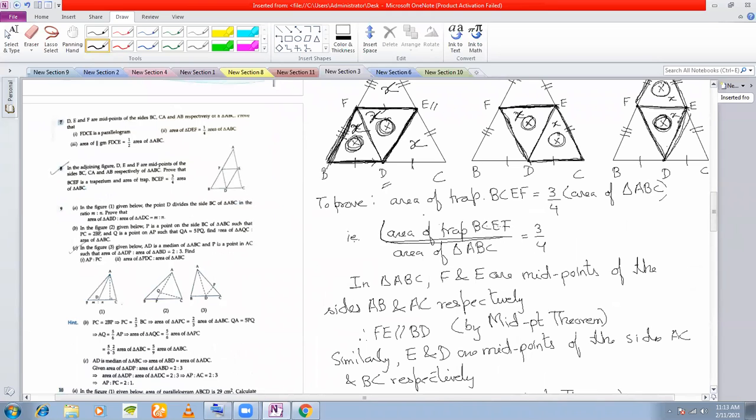Area of trapezium BCEF. So which is the trapezium BCEF? This trapezium here is our trapezium BCEF. Now if you see, this trapezium is made up of how many triangles? This triangle here, this triangle here, and this triangle here. That means what is the area of this trapezium? X plus X plus X, 3x. Okay, so we shall write this down.